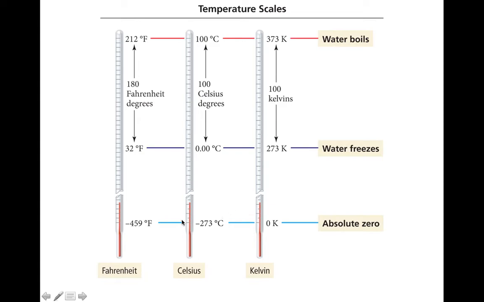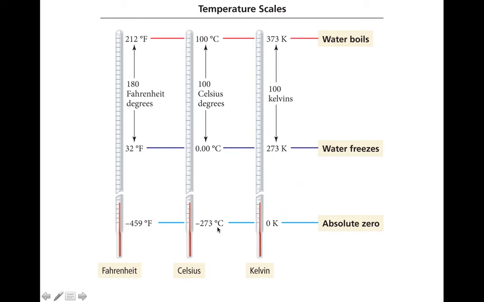It turns out that we have 3 different scales that we use here in the United States a lot: Fahrenheit, Celsius, and Kelvin. The standard unit is kelvins, but it's tied pretty closely to Celsius because they have exactly the same differences between degrees, right? So from 0 to 273, how many kelvins between 0 and 273?